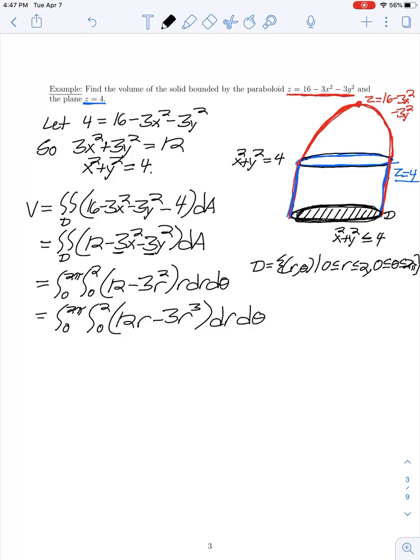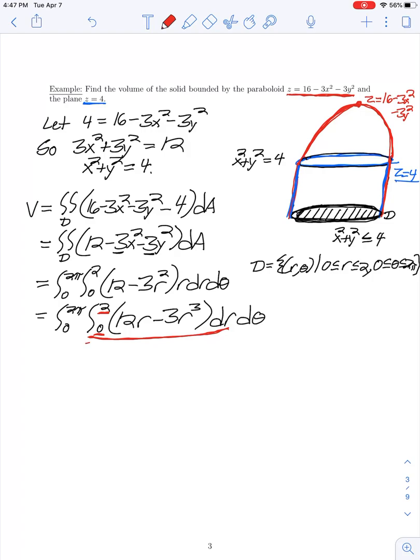So again, in this example, I can make use of the fact that this inner integral with respect to r, after we evaluate it and plug in the constant values of r for our limits of integration, we will just have a constant.